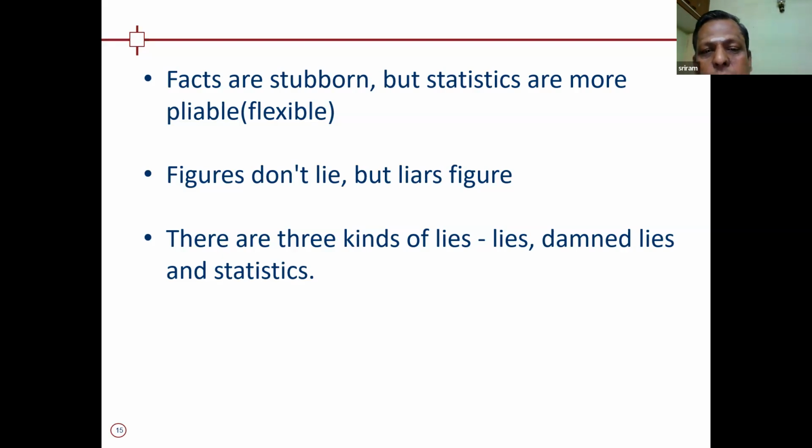And figures don't lie, but liars figure. If you bend the figures and make people believe it is like that, that is also ethically not correct. And this is a very fun, lighter side: there are three kinds of lies, lies, damned lies, and statistics. People think statistics is worse than damned lies. That is not at all true. Definitely, if you collect good, correct data, you'll get some insights out of the data.